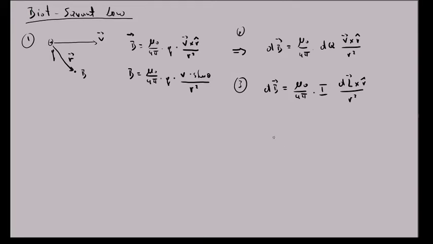What this picture means is that if you have a wire that runs like this, and some current flows through it, you would consider some small section dl here. From this small section dl, some distance r away, you could calculate the magnetic field dB at this specific point.